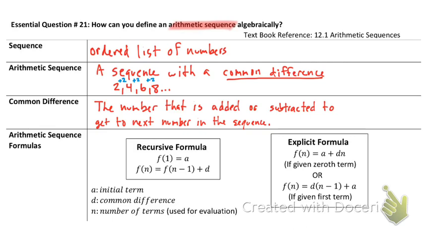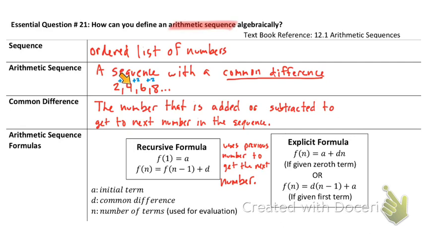is a formula that uses a previous number to get the next number in the sequence. Okay, so in other words, in order to get 6, for example, using this example of a sequence up here, I first would have to know that before 6 was 4.